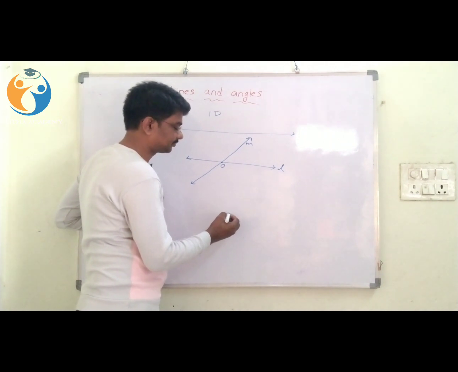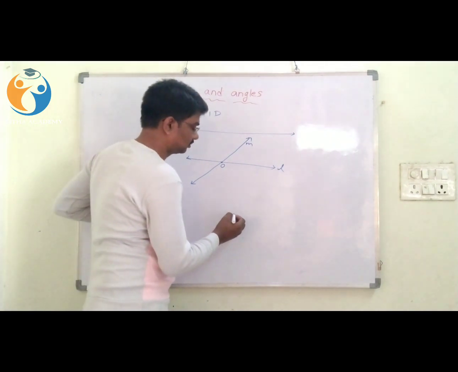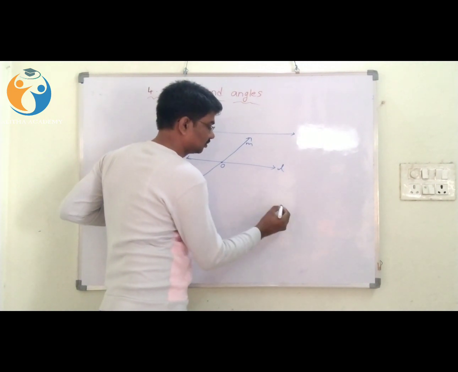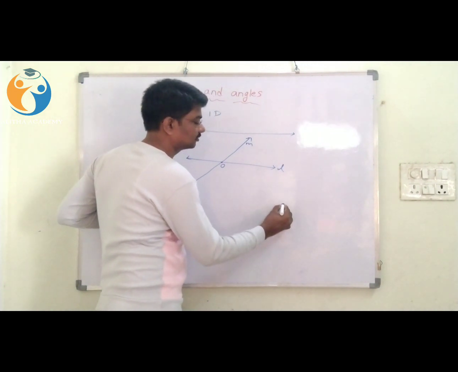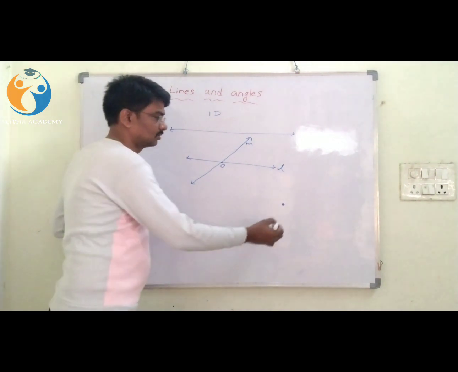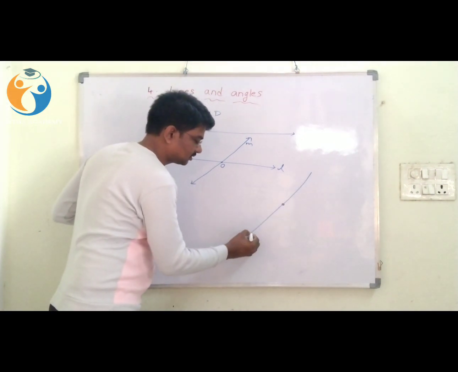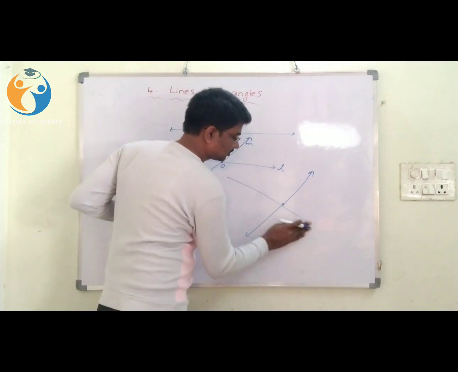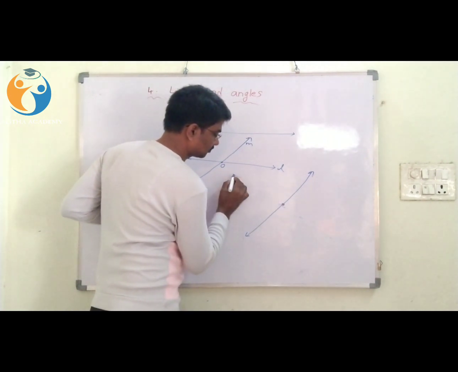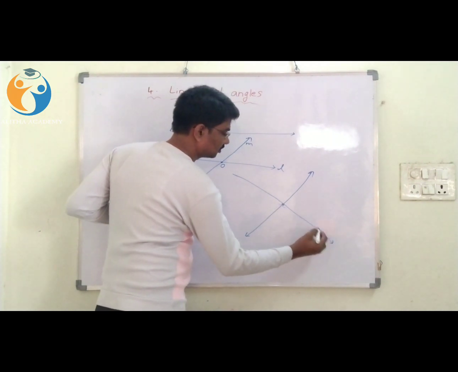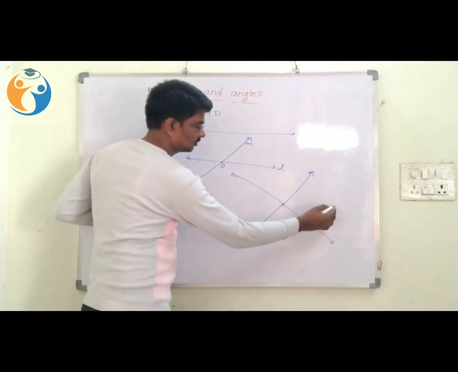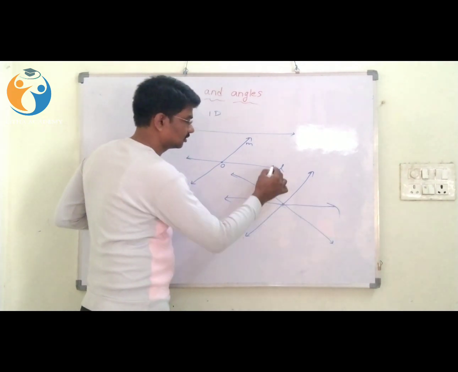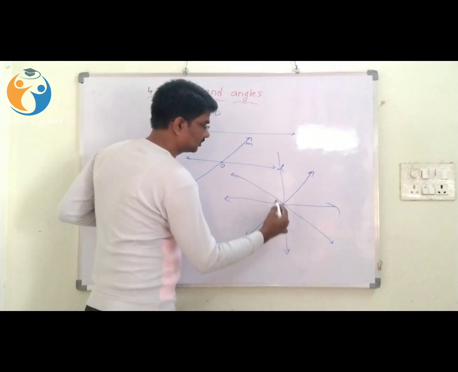Next, concurrent lines. Suppose one point is there, one line is going through like this, one more line is going through like this, and one more going through like this.